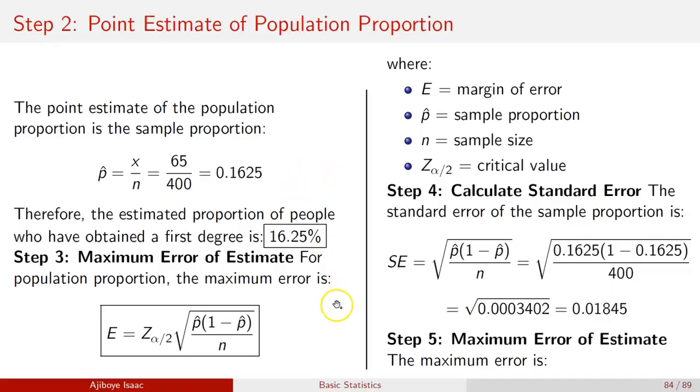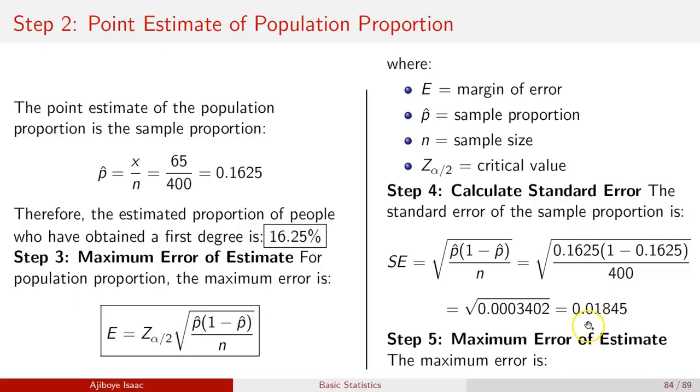And so now we can use that to also compute our maximum error of the estimate, which is equivalent to z alpha over 2 multiplied by the square root of the estimate into bracket 1 minus the estimate over the sample size. When we substitute the values, we get that our standard error is equal to the square root of 0.1625 open bracket 1 minus 0.1625 close bracket divided by 400.